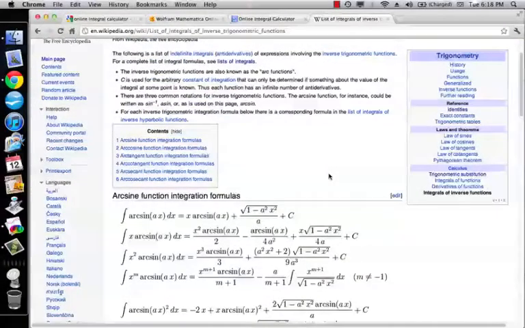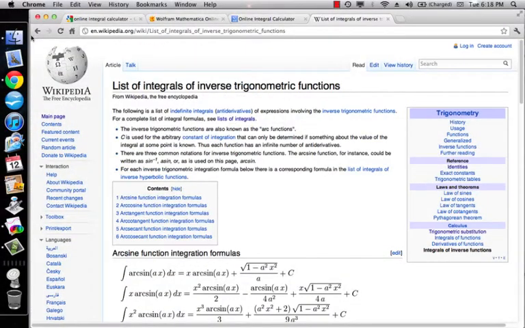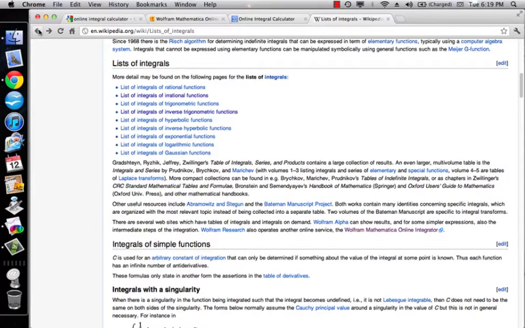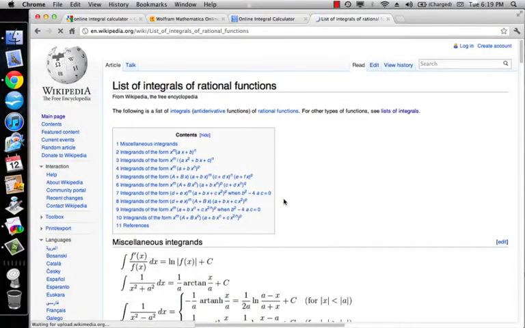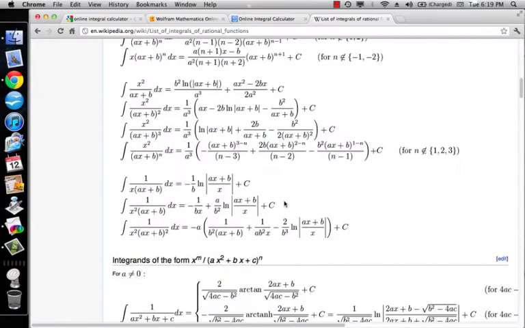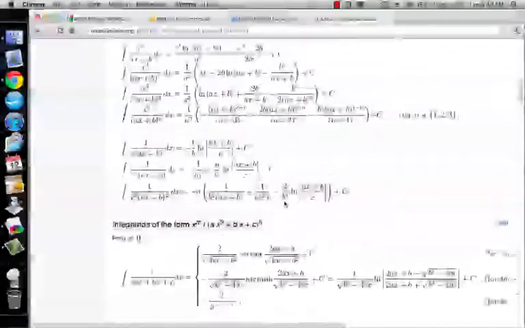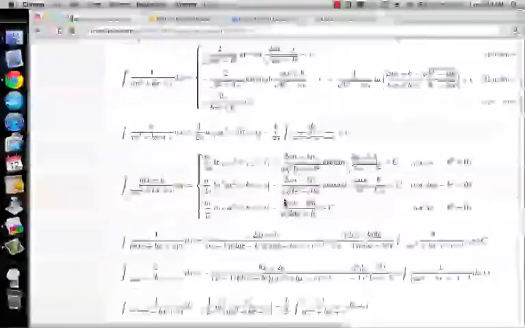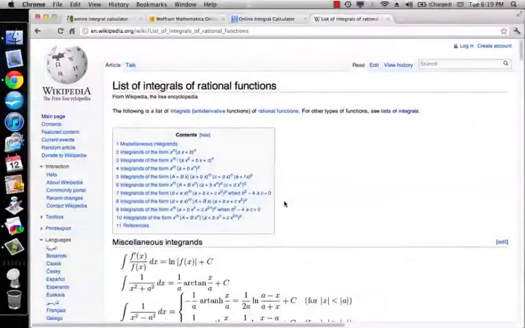Okay, so then there's something that I want to find, integrals of rational functions. Let's see if we can find one here that I want to do. That's not what I want to find.